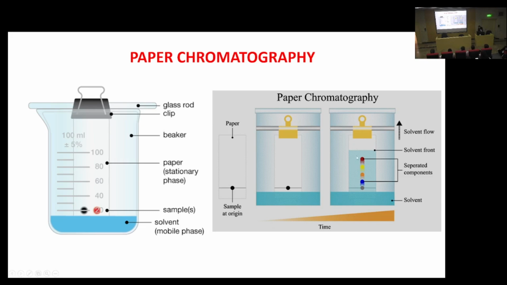Can you tell me if this red dot traveled all the way here, and then the blue dot only traveled here? What can you understand? Which one do you think has higher affinity to water or to the solvent? The red one, excellent. Which one do you think has more adsorption to the paper?